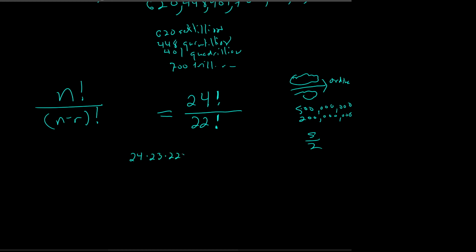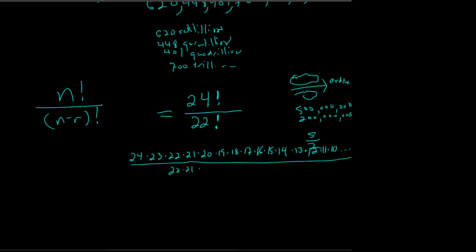It's this collection of multiplications. So I'm doing the upstairs in my fraction here: 24 times 23 times 22 times 21, and so on, all the way down to 1. Right? So it's a series of multiplications. But downstairs, on the bottom of the fraction, I have 22 times 21 times 20 times 19 times 18 times 17 times 16 times 15 times 14 times 13 times 12 times 11 times 10, all the way down to 1.